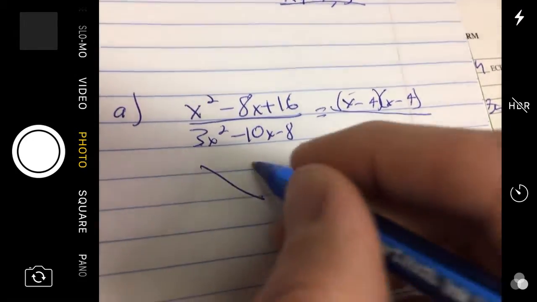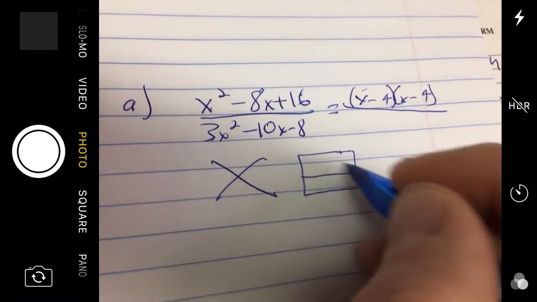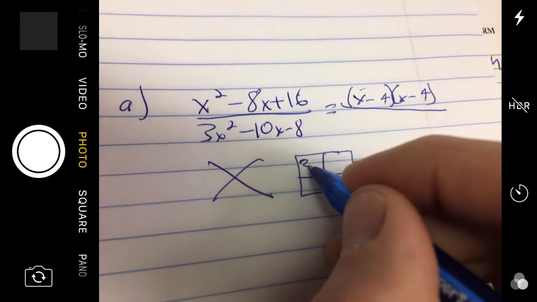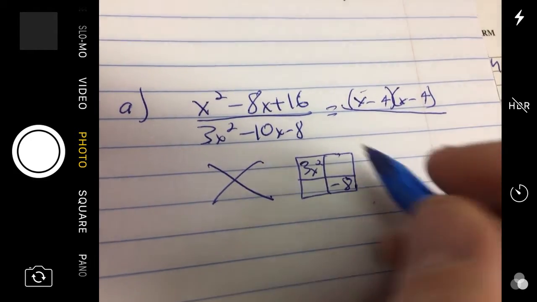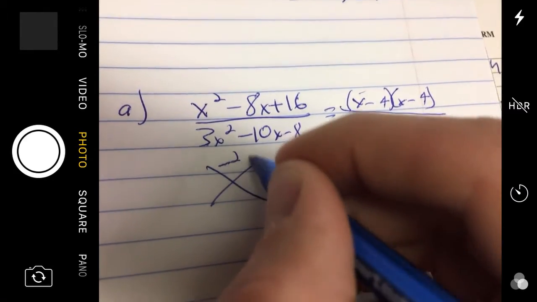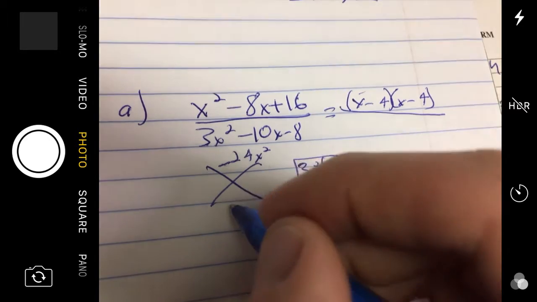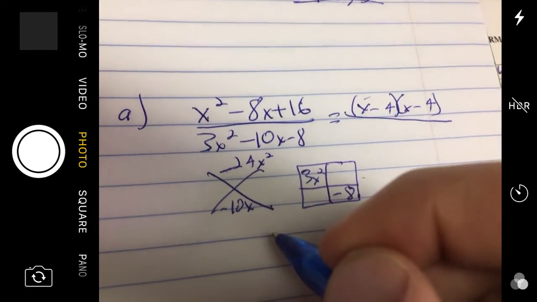So I am going to do the box and diamond for this one here. Let me get that set up. So this will be a 3x squared here. This will be -8. Multiply these two to go here. That would be -24x squared. The -10x goes down here. There we go. So two numbers that multiply to be the top, add to be the bottom.